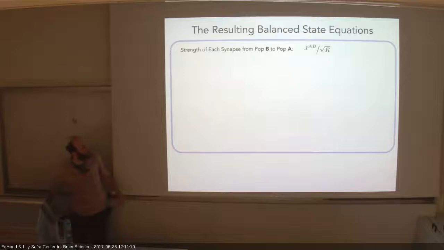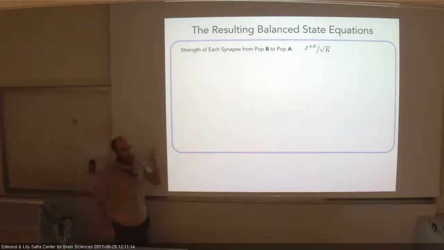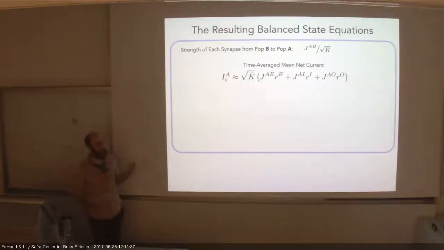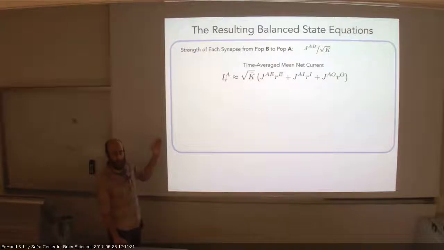So here's what it looks like, as you guys saw. The single synapse within the network from population B onto population A, we've written J_AB, where J_AB is an order 1 parameter. So J_AB divided by square root k will be a single synapse. And the result of that is that the net input onto neuron i in population A will have a square root k out front after summing over the k inputs.